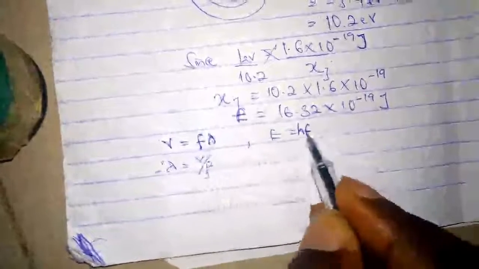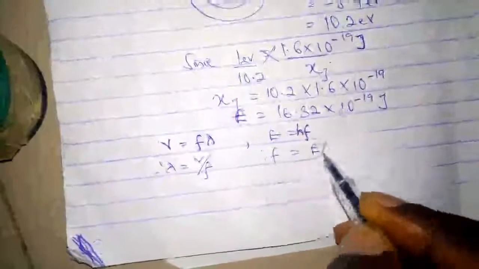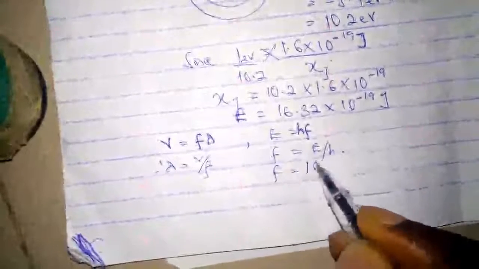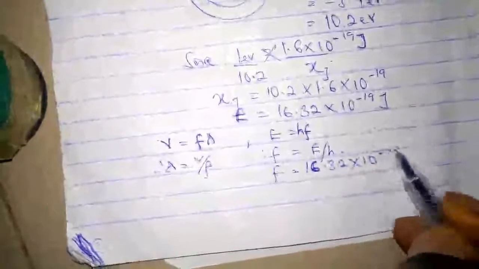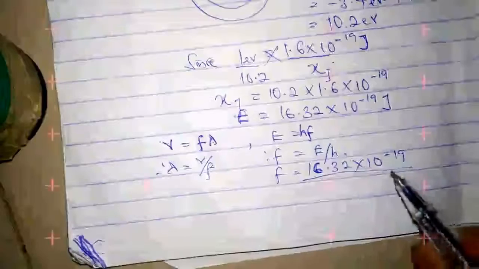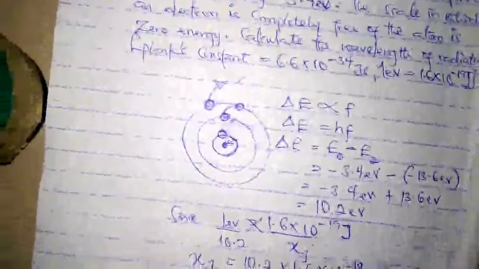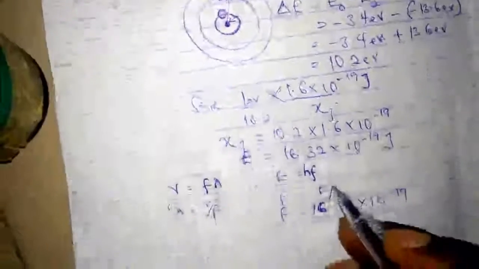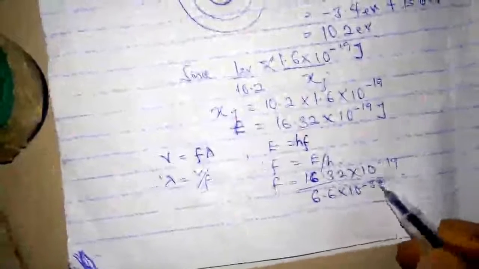So what's f? F is going to be equal to energy over Planck's constant, that is 16.32 times 10 raised to power minus 19 over Planck's constant, which is 6.6 times 10 raised to power minus 34 joule seconds.